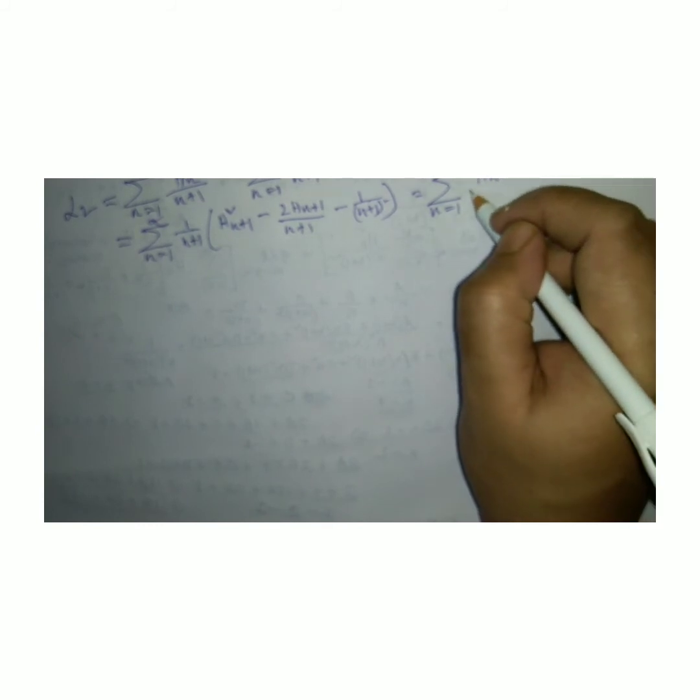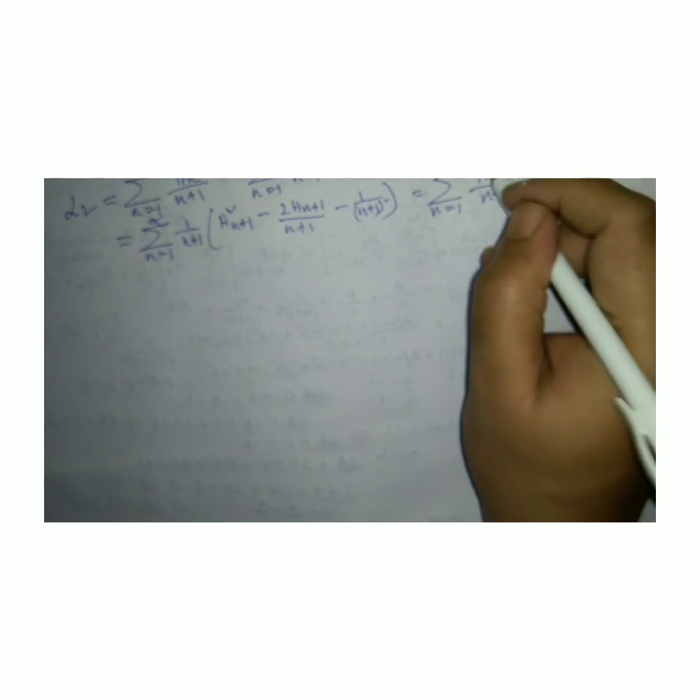After that I can write it this way: summation n equals 1 to infinity H squared n plus 1 divided by n plus 1, minus summation n equals 1 to infinity 2 H n plus 1 divided by n plus 1 whole squared.